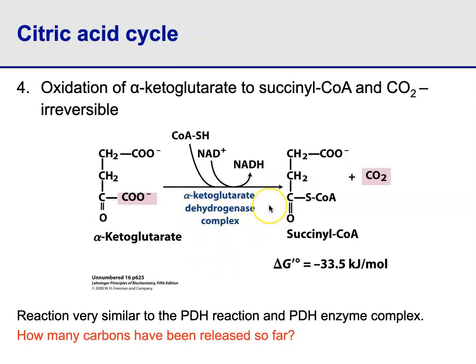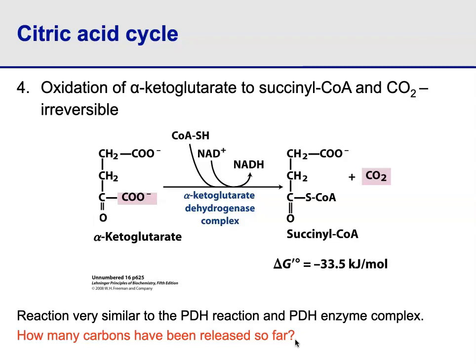The alpha-ketoglutarate dehydrogenase is very similar in structure and the way it catalyzes the reaction to the pyruvate dehydrogenase enzyme complex. So, how many carbons have been released so far from the start of the citric acid cycle? 2.